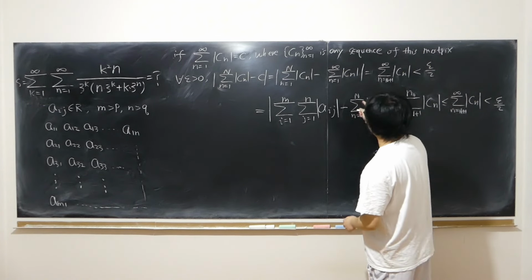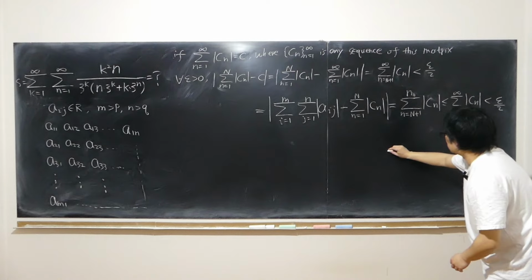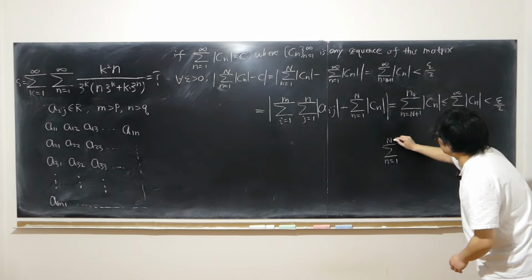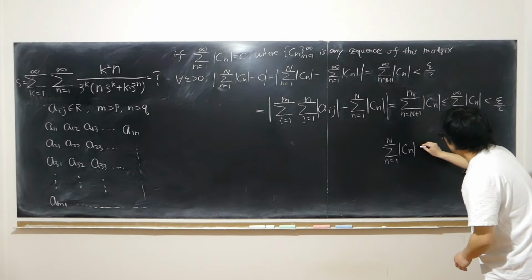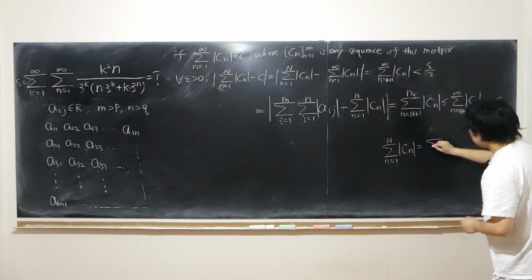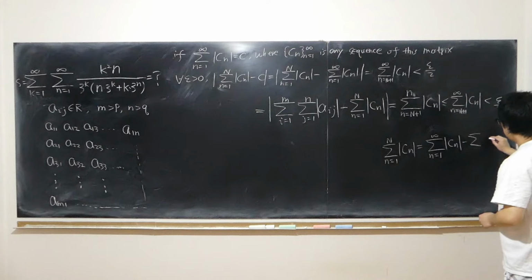So this must be written like I said, because the sum from 1 to capital N can be written as the sum of n from 1 to infinity minus the sum of n from capital N plus 1 all the way to infinity.